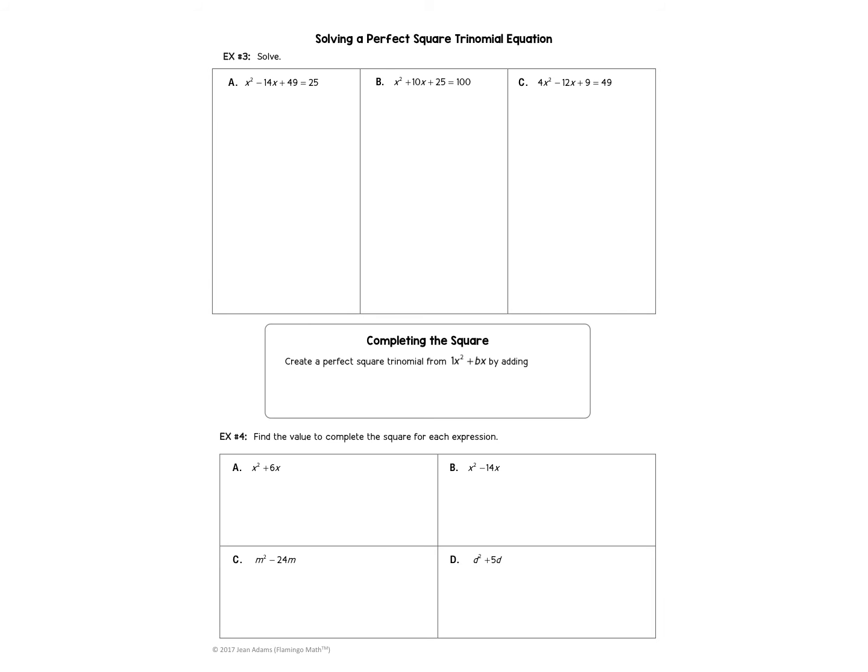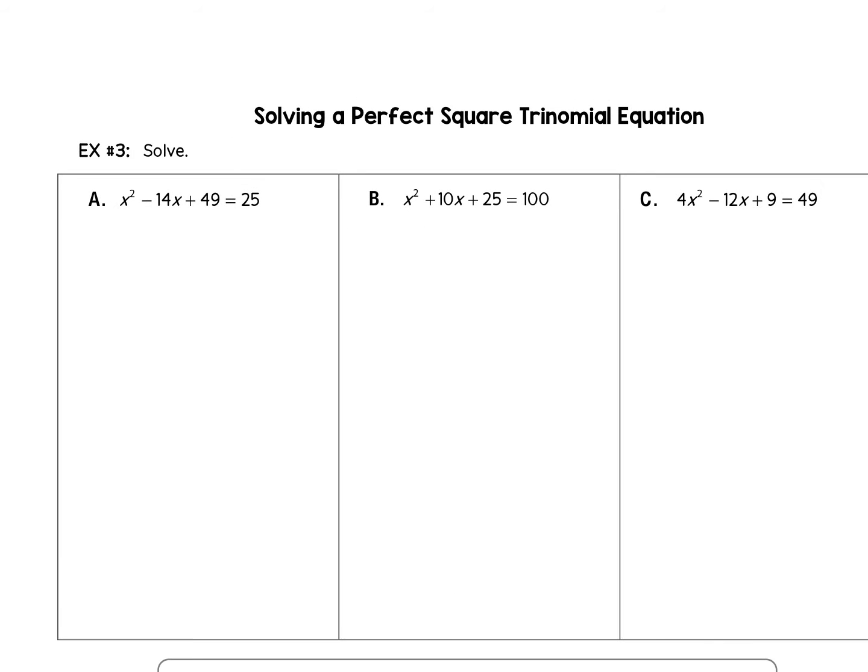Okay, what we're going to do now is talk about solving a perfect square trinomial equation. Again, a perfect square trinomial is one where I could make a box. We would have a box here with x squared. Remember, we split up the negative 14x. That would be negative 7x and another negative 7x.